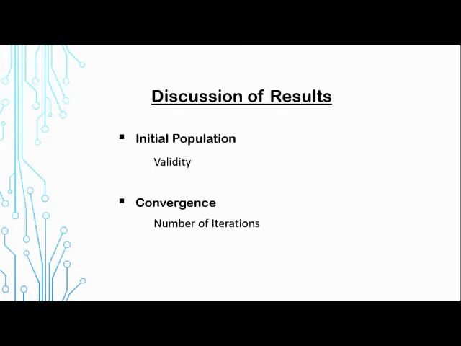Another limitation of the experimental setup is that the initial population did not consist of valid solutions. Now, it is recommended and is typical for the initial population to be composed of valid but unoptimized solutions. It is also important to note that the control and the experiment did not have the same number of iterations to optimize the solutions with respect to the two objectives.